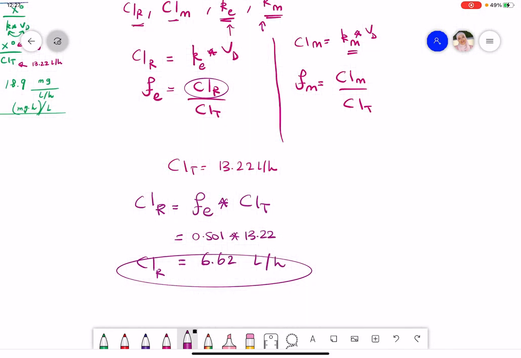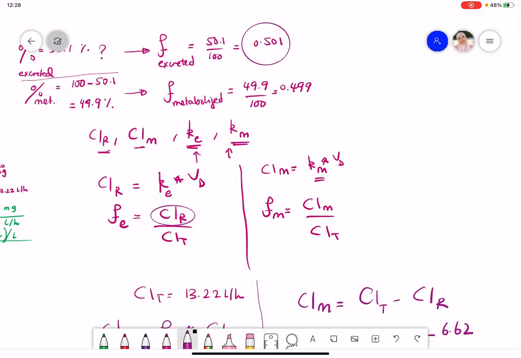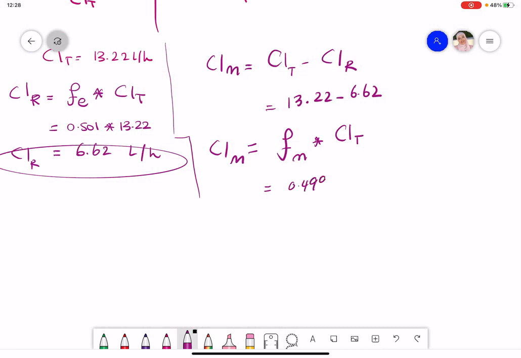Can we determine the metabolic clearance? Yes. You either say the metabolic clearance equals total clearance minus renal clearance, which will be equal to 13.22 minus 6.62, or you can say it's equal to the fraction of metabolism multiplied by the total clearance, which is 0.499 multiplied by 13.22, which would be equal to 6.60 liter per hour.